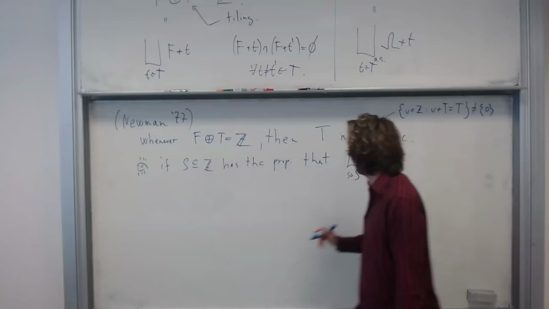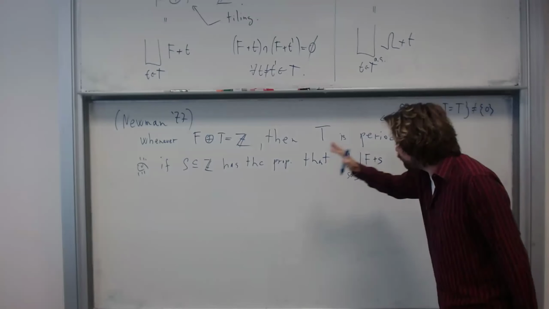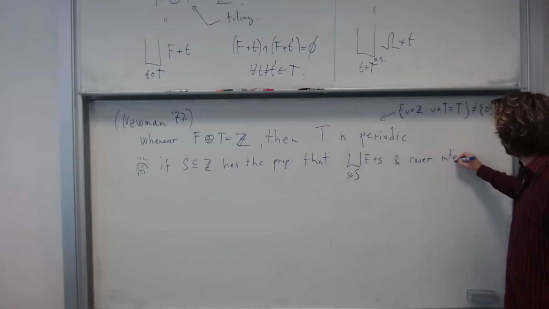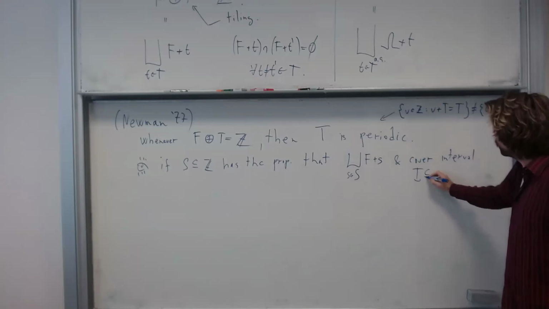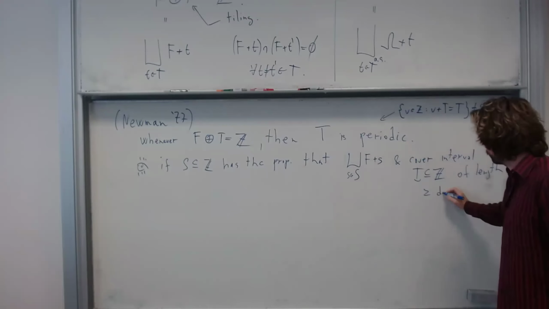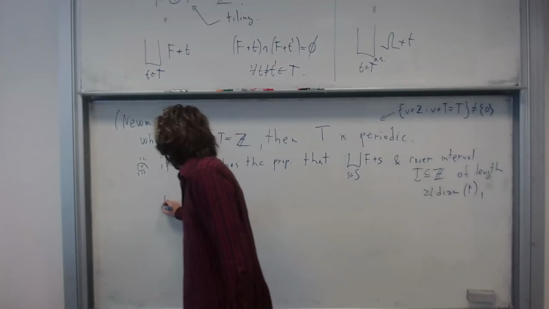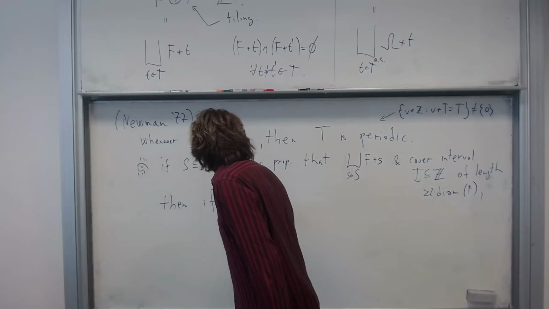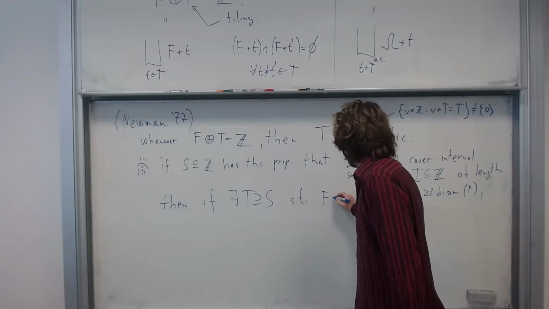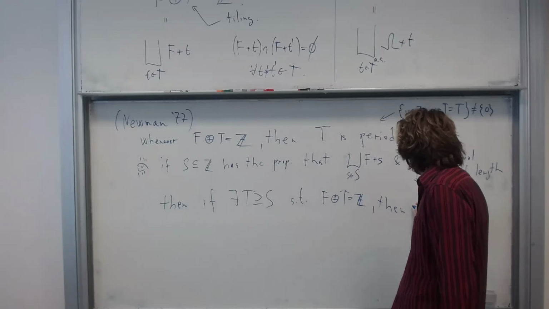I just maybe have some finite set S, and I shift around F. If S has the property that these are disjoint and cover an interval I, a subset of Z, of length at least the diameter of F, or maybe 2 times the diameter of F, then if there exists some T that extends S and it's a tiling, then T is uniquely determined.